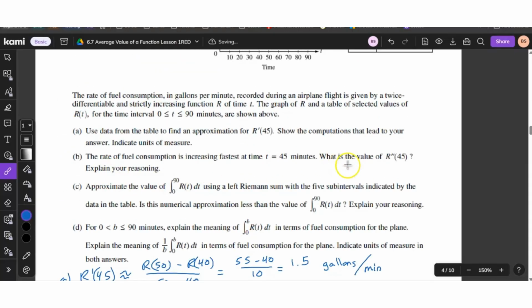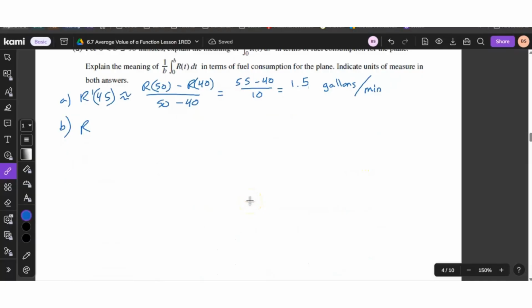So let's see. What is the value of r double prime of 45? So we know that this needs to be 0 because r prime of 45 has a relative max.